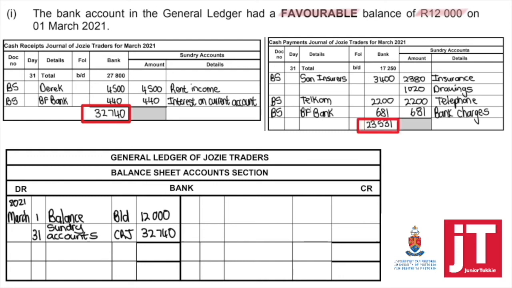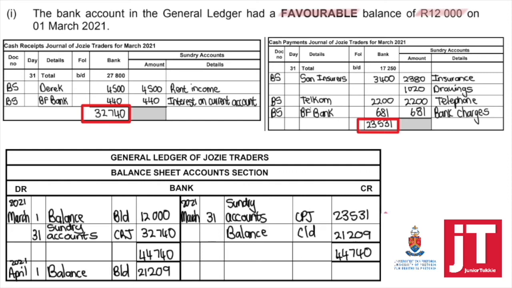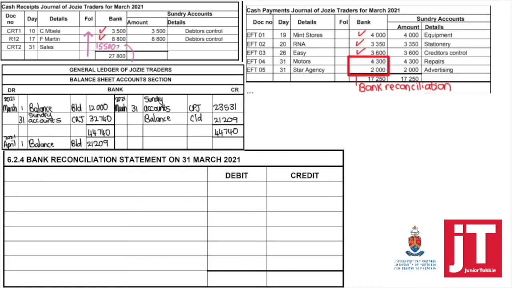From the cash payment journal, bank will always be credited. Again, you can either write sundry accounts or you can write total payments. Once I've taken the updated totals to the bank account, I can now calculate my new bank account balance. So I'm going to add the debit side minus the credit side equals my new balance of 21,209.